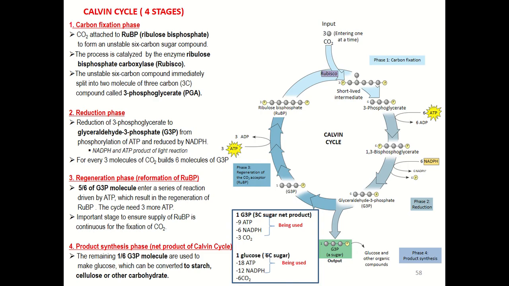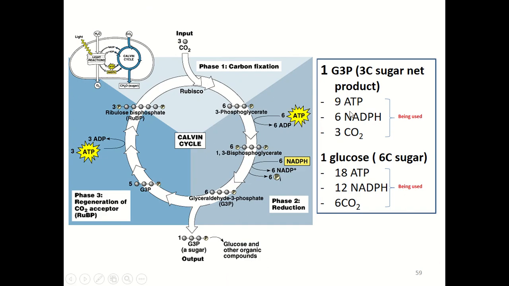So therefore, in this Calvin cycle or dark reactions, 9 ATP has been used, thus producing 9 ADP molecules. So 6 ATP plus 3 ATP will produce 3 ADP plus 6 ADP, in total 9 ADP molecules. And also 6 NADPH has been used, thus producing 6 NADP plus molecules.